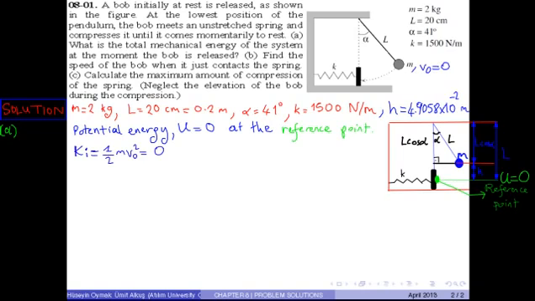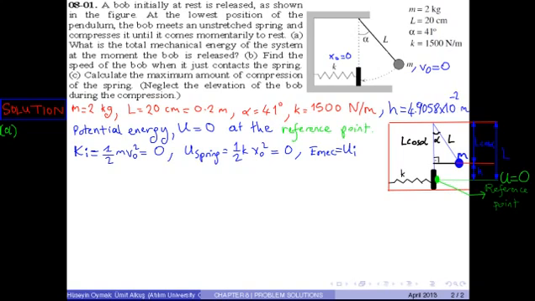Since the bob is initially at rest, that is, its kinetic energy is 0, and also initially the spring is unstretched, then the spring energy is 0. Therefore, the mechanical energy of the system at the moment the bob is released will only be due to the gravitational potential energy of the bob at height h.